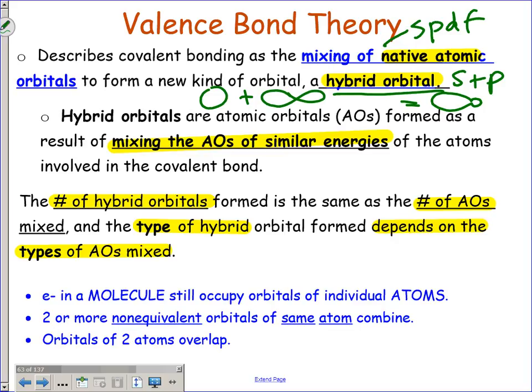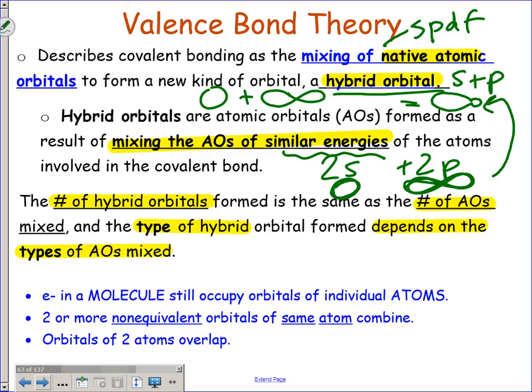So these atomic orbitals that come together, s, p, d, and f, as they blend together to make hybrid orbitals, which we call something different, which I'm getting to in a second, they still have a similar energy. If you blend a 2s sphere and a 2p dumbbell, those have energy that's specific to them because of how far they are from the nucleus. When you blend them to whatever this shape is, they still have a similar energy because we can't have big wonky energy gaps between what we had and what we blend, because then there would be no stabilization occurring.